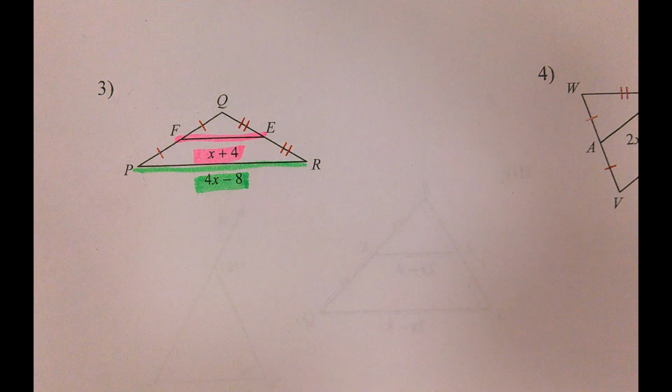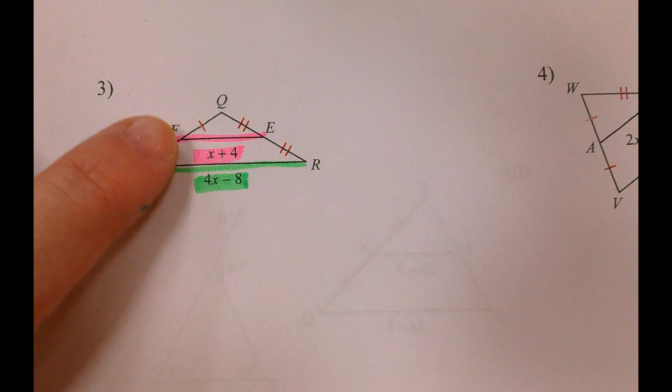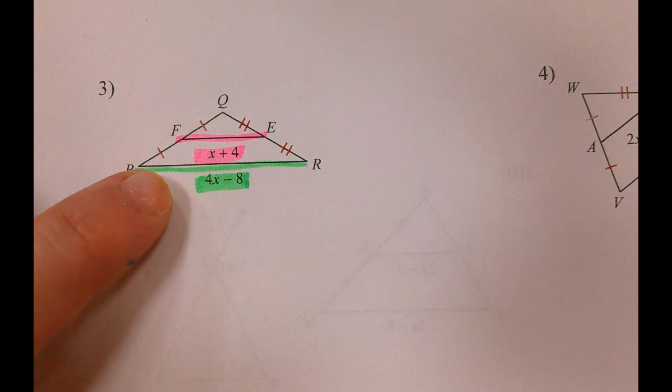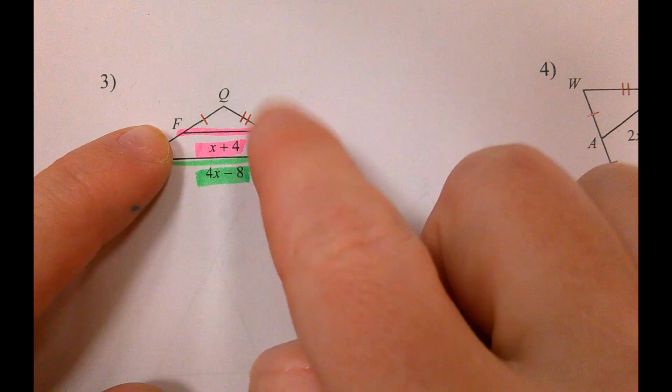For example, I'm going to ask this in a different way. How is the pink line related to the green line? Yes, Kelsey. Okay, so the pink line is doubled in the green. Yes, 2 of those.